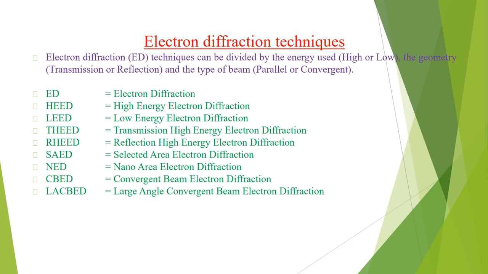Whereas SAED stands for selected area electron diffraction, and NED stands for nano area electron diffraction. CBED is convergent beam electron diffraction, and LACBED is large angle convergent beam electron diffraction.